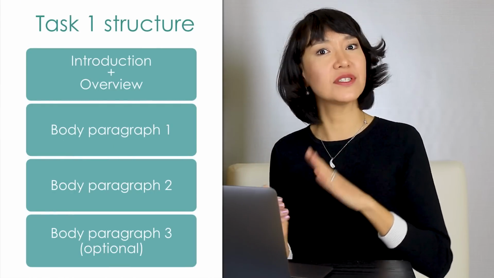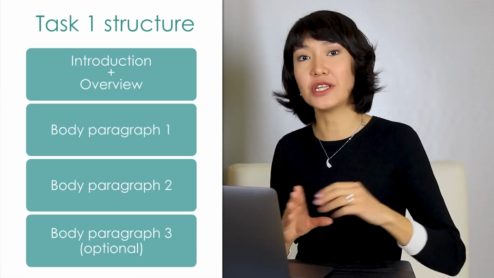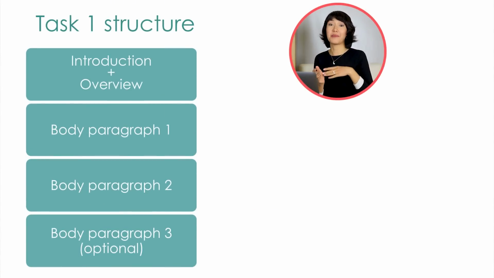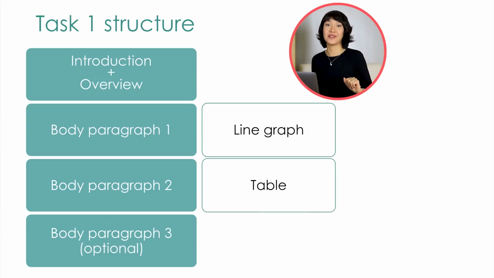So now we need to write 2 or 3 body paragraphs, not 1, and find a way to logically split information into those body paragraphs. So what could you talk about in the first and in the second paragraph? There are several options. I can see at least 2. Well, we could talk about the line graph in the first body paragraph and about the table in the second.